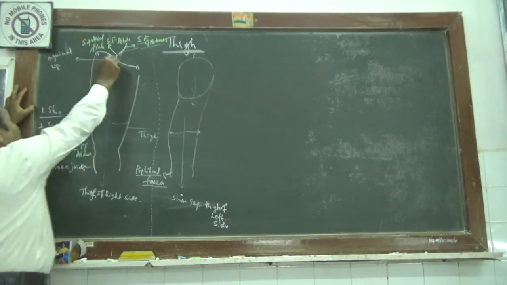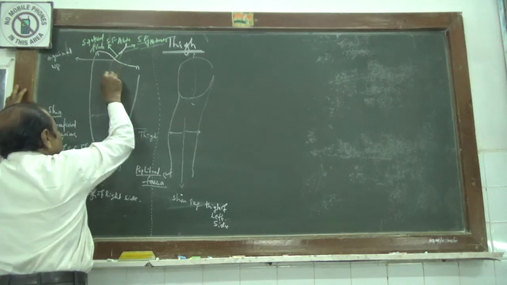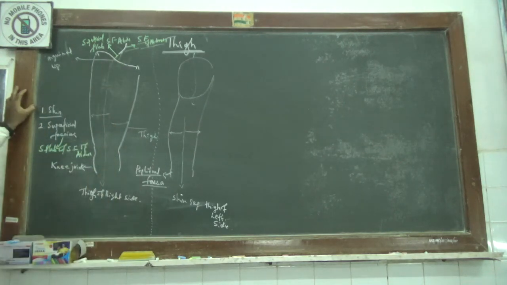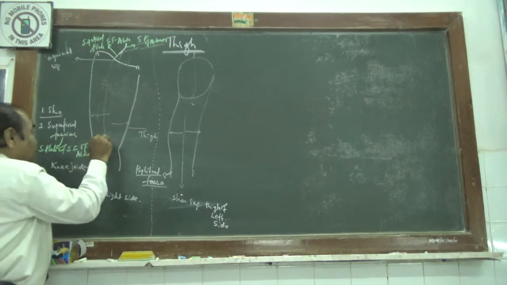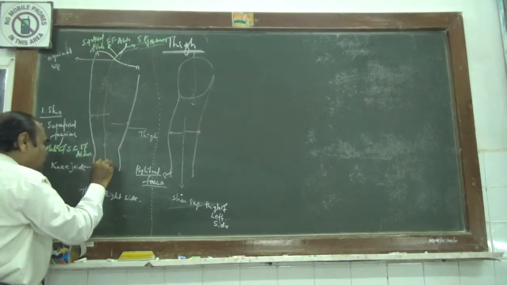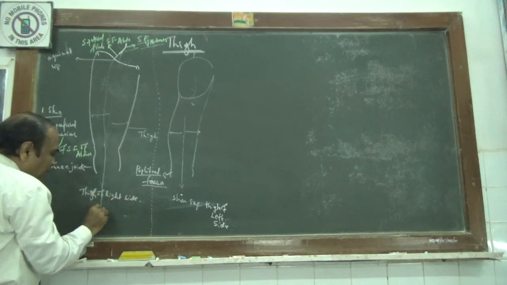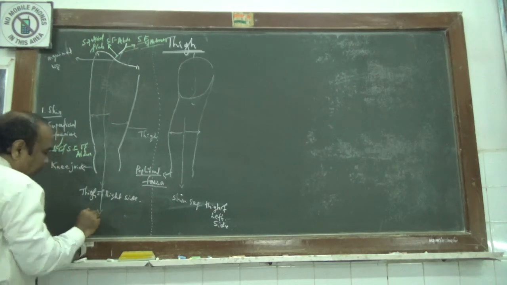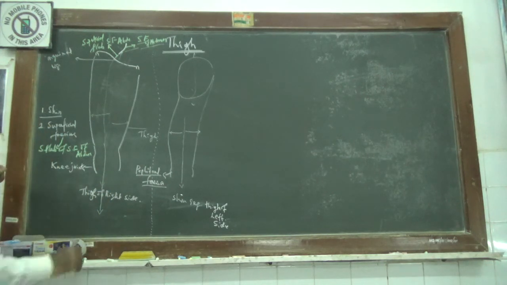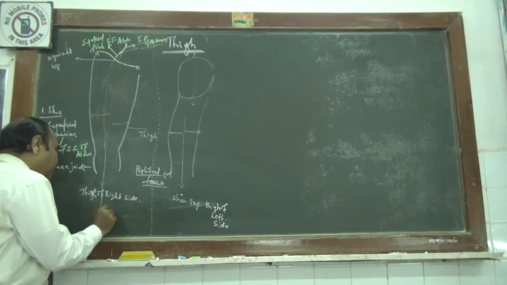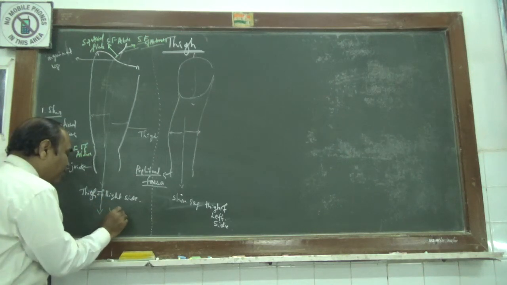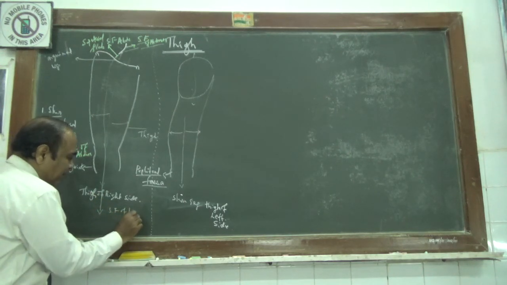That one will continue as the superficial fascia of the thigh as it runs down into the thigh region. Then the superficial fascia of the thigh, as it descends further down crossing the knee, becomes the superficial fascia of the leg.